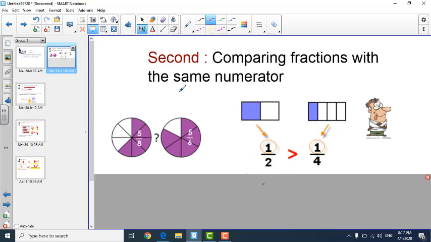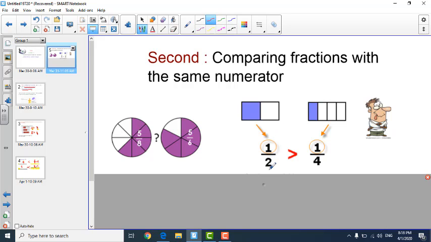Okay, and we have another case. Comparing fractions with the same numerator. If I have the same numerator, here I have 1 for example, and here I have 1, but the bottom numbers are different. Okay, try to draw half and quarter.